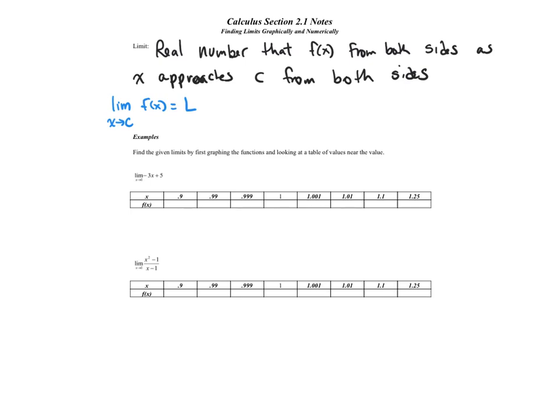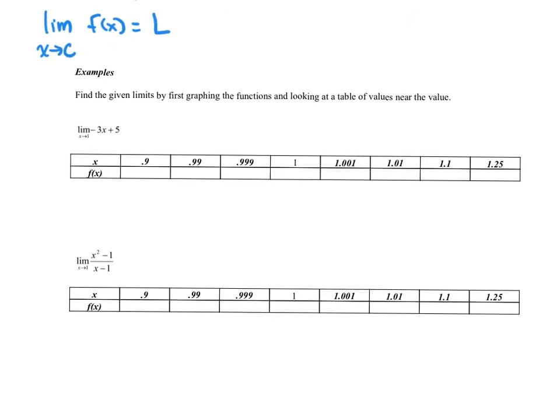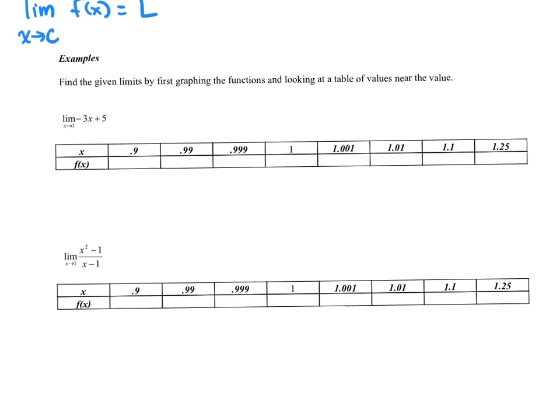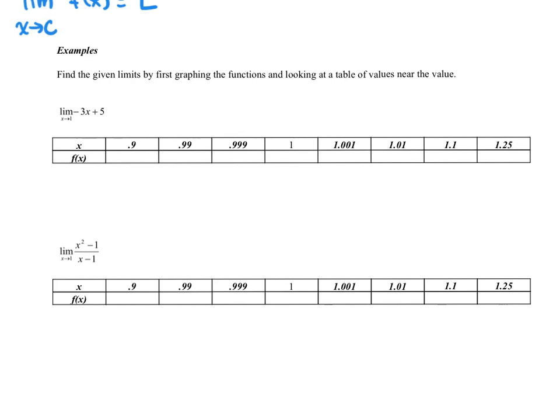So if we look at doing this numerically, I want to find the limit as x approaches 1 of negative 3x plus 5. I've picked some x values that are right around 1. So here's the limit value that we're looking for. I'm trying to find some numbers that are smaller than that and some numbers that are bigger than that, because these two rows will approach that x value of 1.